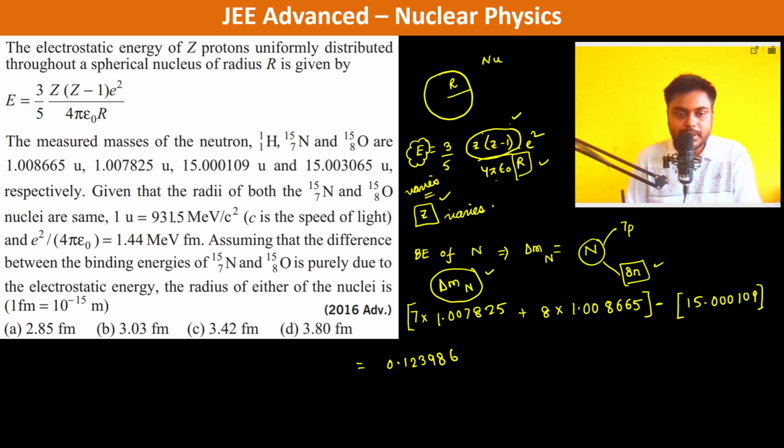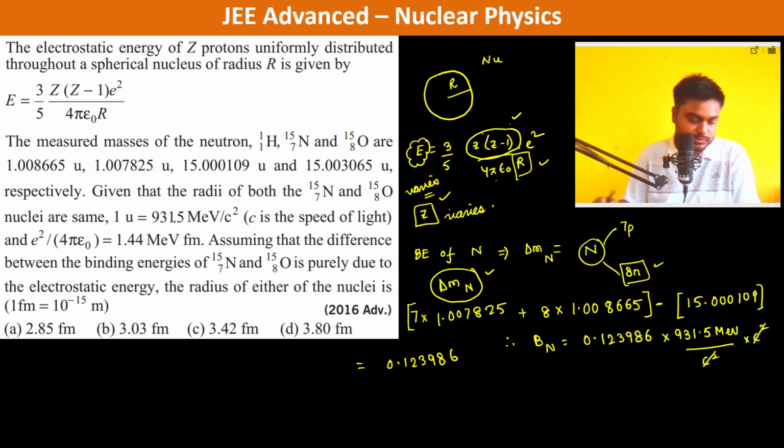So therefore the binding energy of nitrogen is 0.123986 into 931.5 mega electron volt divided by c square, into c square.